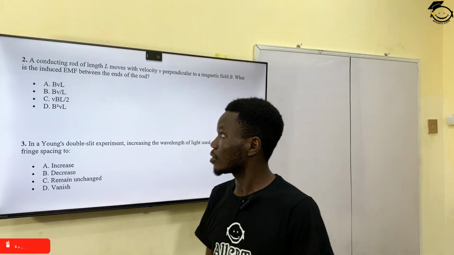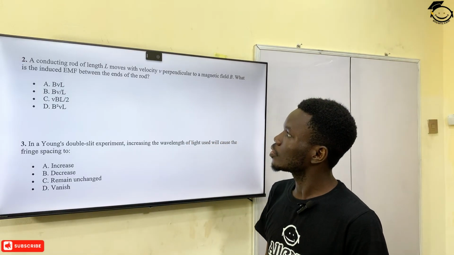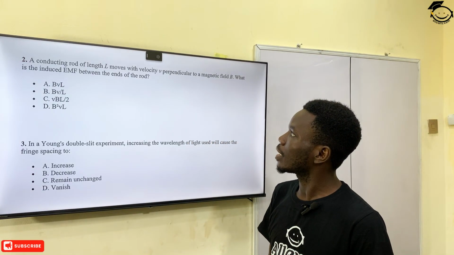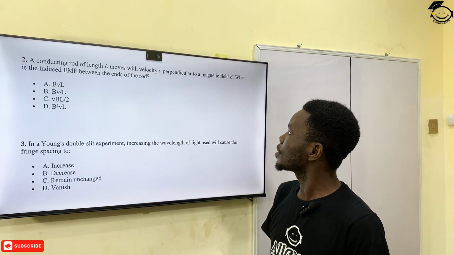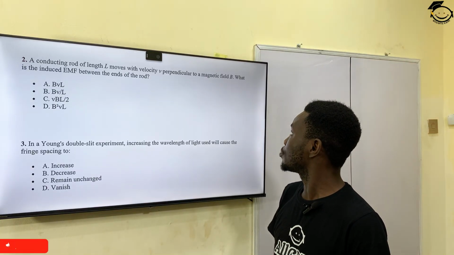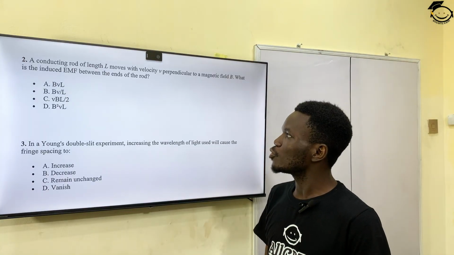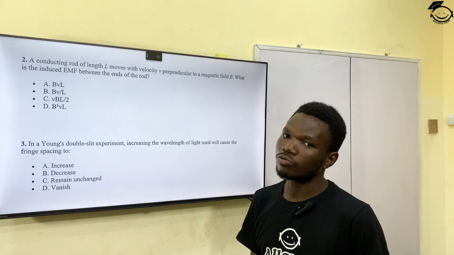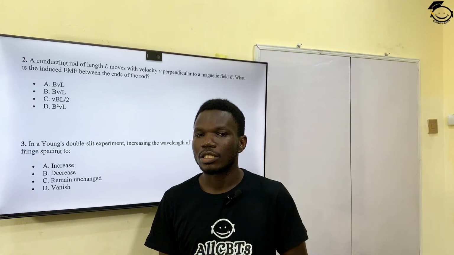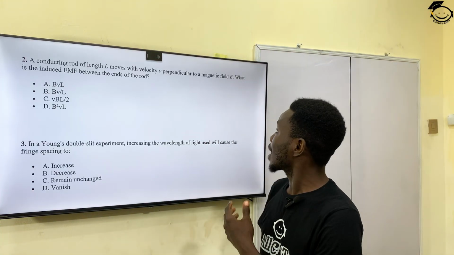Moving on to question number 2, it says a conducting rod of length L moves with a velocity v perpendicular to a magnetic field B. What is the induced EMF between the ends of the rod? Now, if you look at this question, it's talking about a magnetic field.